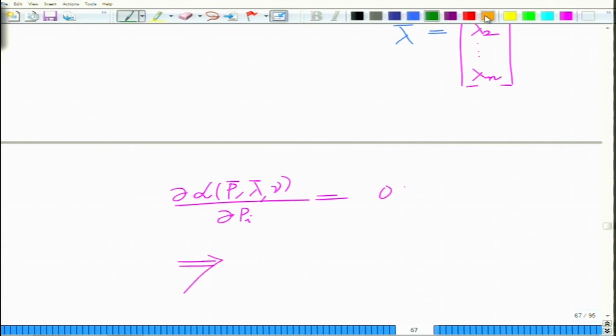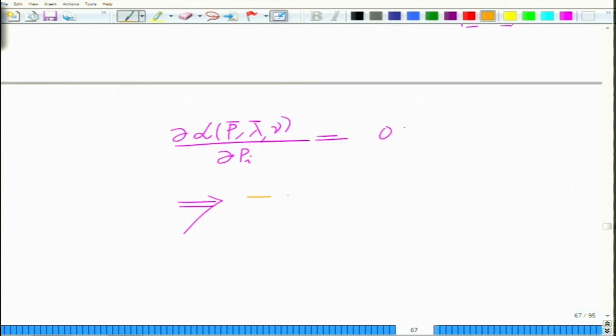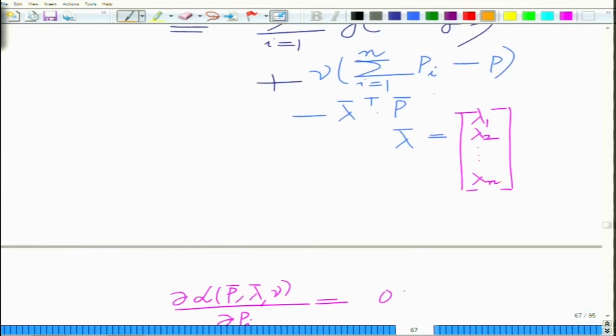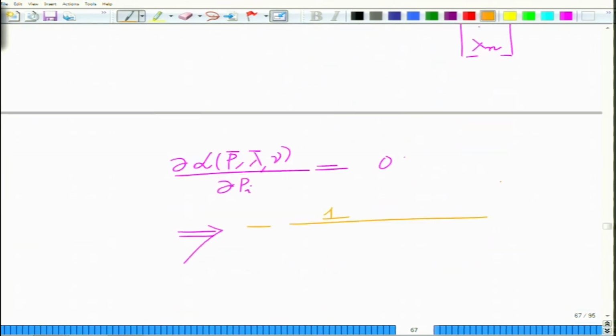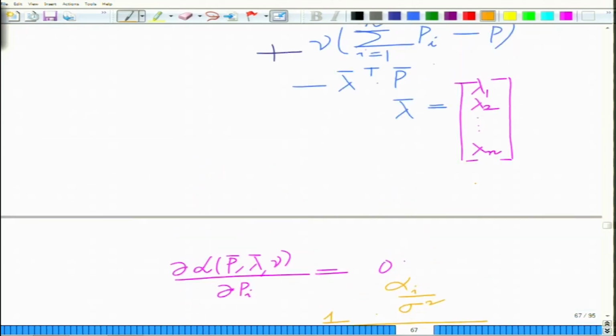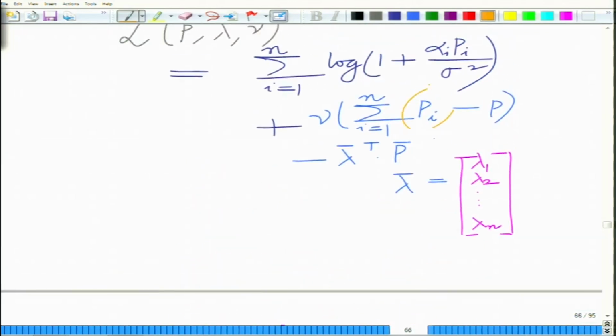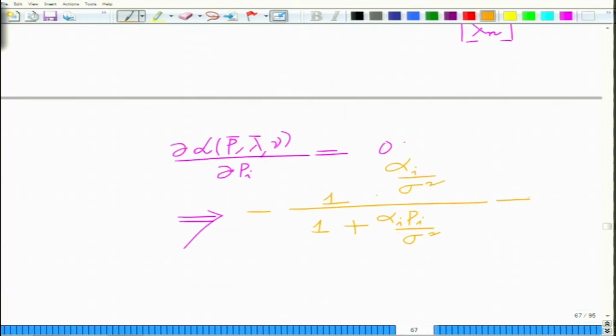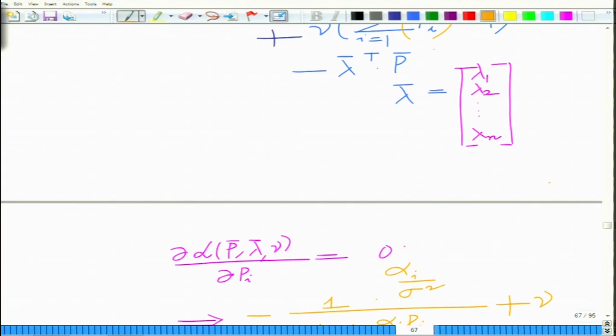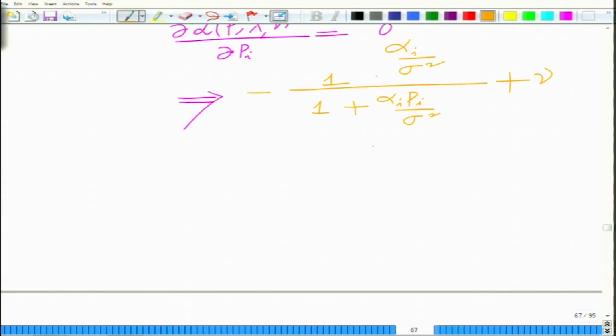What you obtain is minus 1 over 1 plus alpha_i P_i by sigma square, times alpha_i by sigma square, that is the derivative of the log, plus nu, the Lagrange multiplier, and the partial derivative of minus lambda bar transpose p bar with respect to P_i is simply minus lambda_i, which is equal to 0.